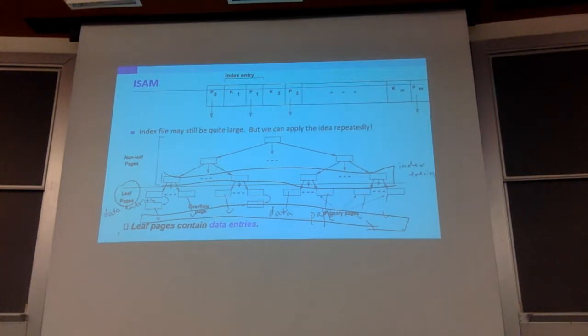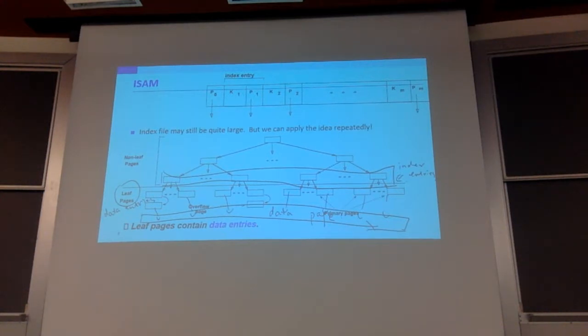Whenever you do a search, you still need to search for the correct index entry in this particular level. What if you have too many index entries, so that your binary search is still very slow? Then you can reuse this idea to build index entries on top of index entries.